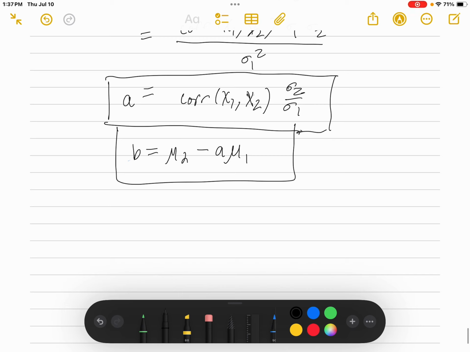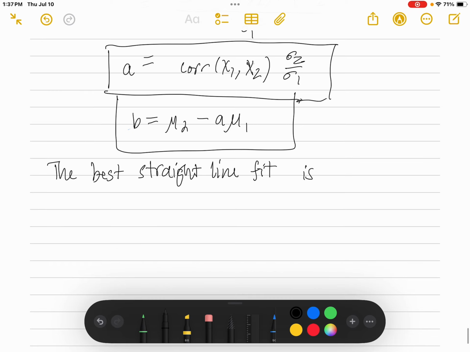So what's the so-called best straight line fit? Well, it's A x1 plus B. Now here x1 is a random variable, so this is really a function, right? It's the linear function that most closely approximates x2.